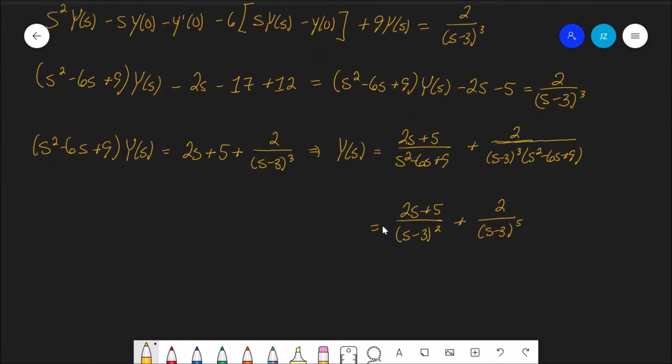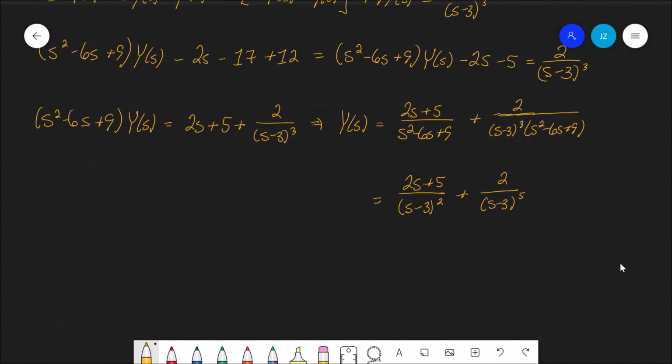We will want to write this first fraction in partial decomposition. We can leave this one alone. So we'll have 2s plus 5 is equal to a times s minus 3 plus b.